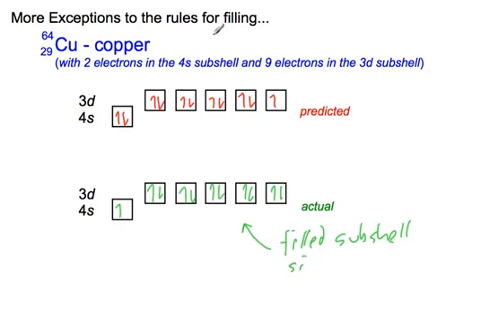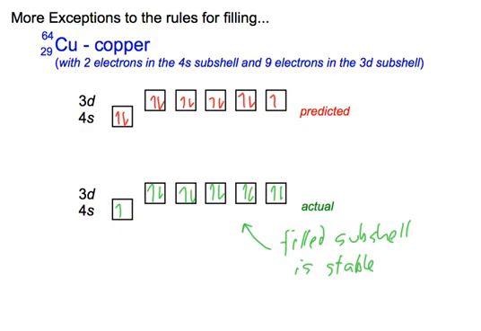Do that in the right order. And it's, again, more stable than the predicted configuration that has 9 electrons in the 3D subshell. So copper is an exception. So what is another exception?